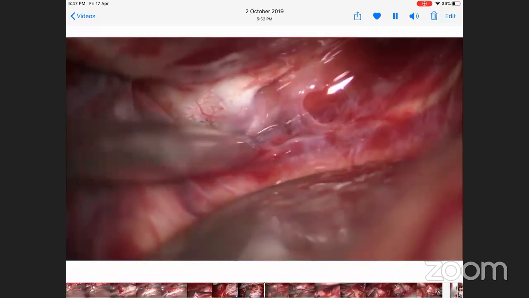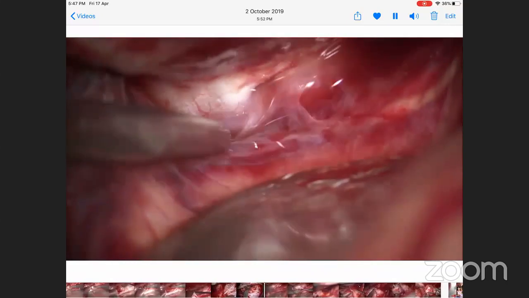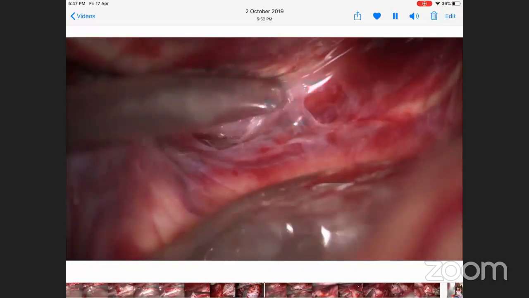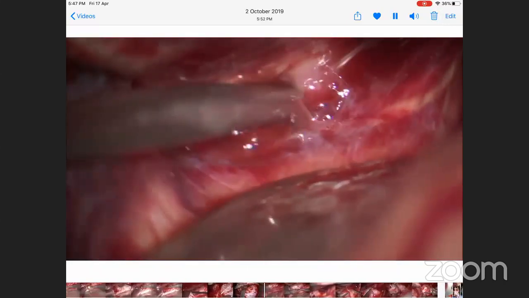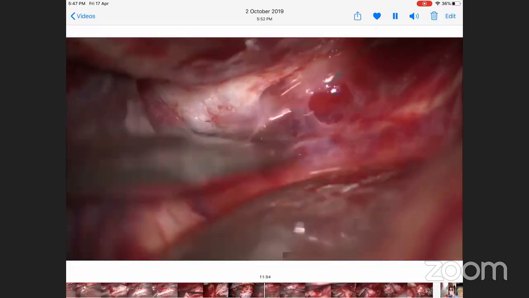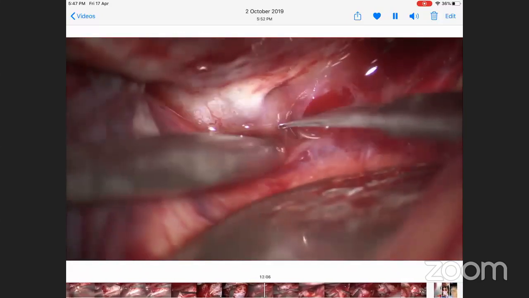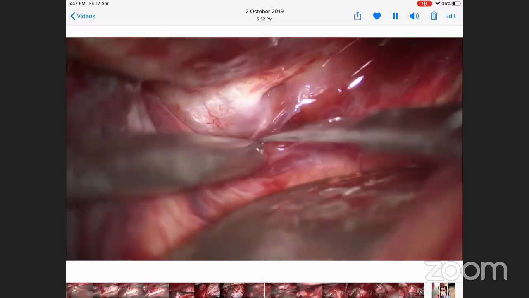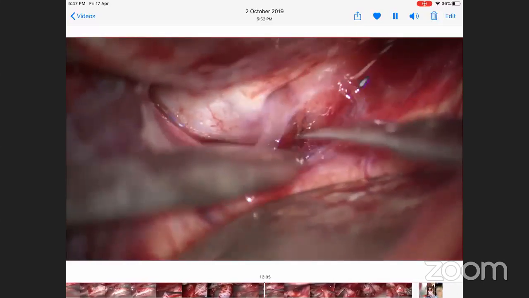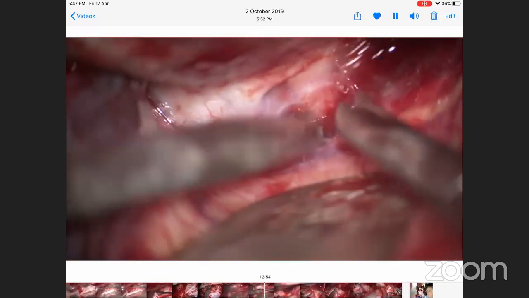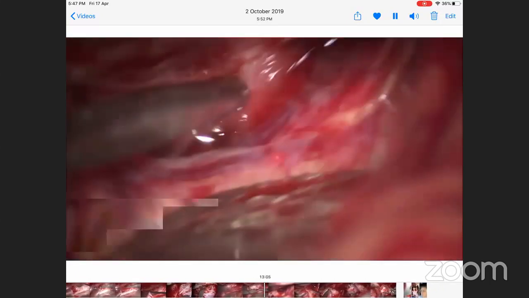So that is the aneurysm. That's a transitional aneurysm. So how are we going to tackle this now? Obviously I'm going to do some arachnoid dissection here. Open out there. You can clearly see the optic nerve now.